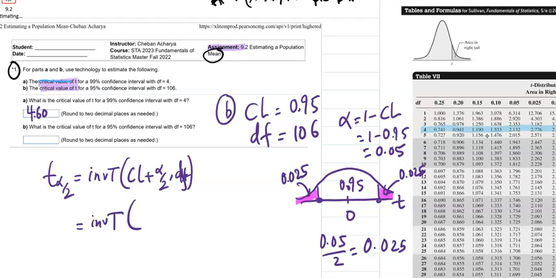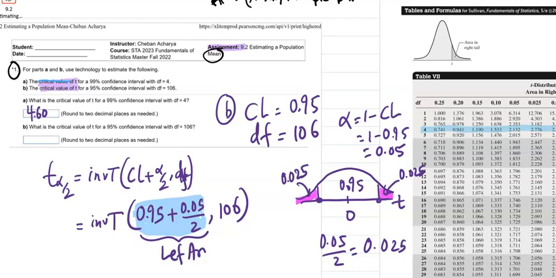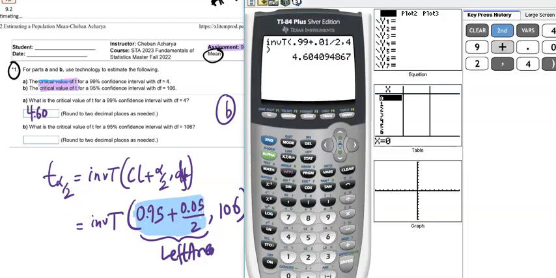invT, CL is going to be 0.95 here, plus alpha is going to be 0.05 divided by 2, comma, degree of freedom is 106. Notice that this whole thing you have to type under area, or it depends on the calculator. This is called left area. Okay, if you use a calculator, it looks like this.